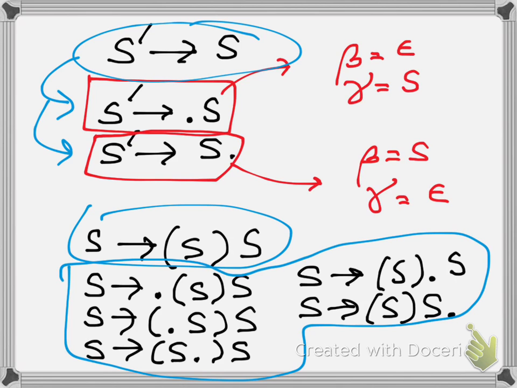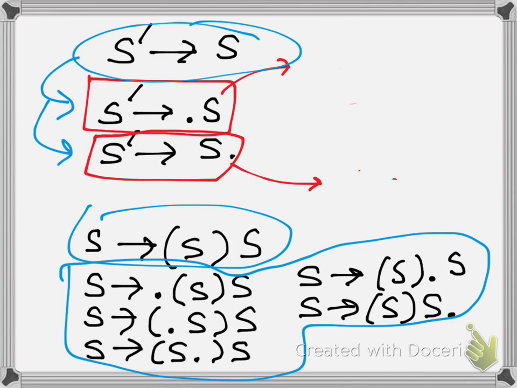Third production was S derives epsilon. S derives epsilon means nothing is there, so the item would be just an empty dot. There's nothing to see. So for each of these productions, I now have a set of items.